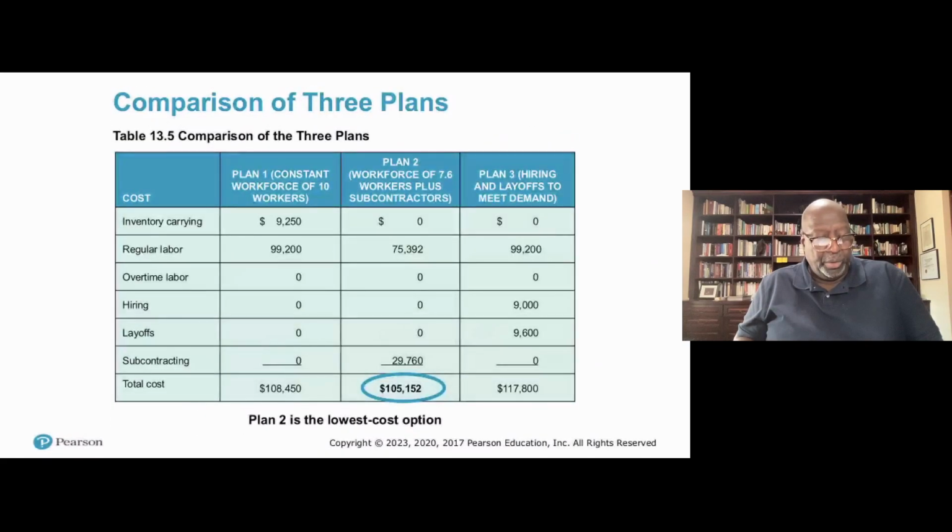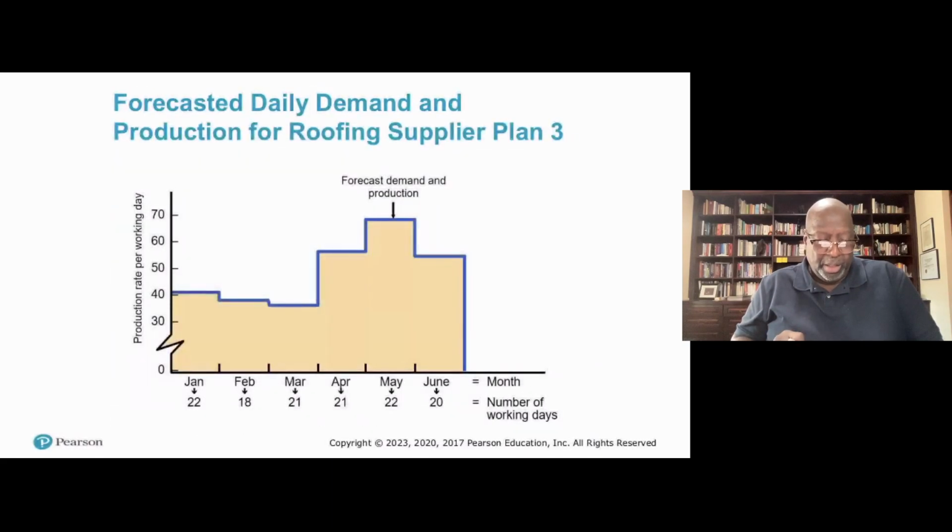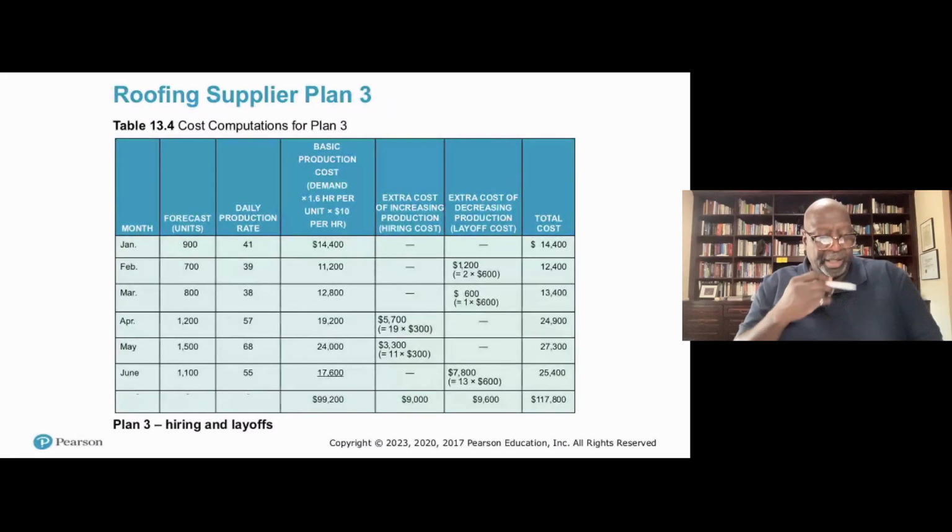We're not told. There should be a page that tells us, but let's just see what they're doing. I believe they're allowing for some hiring and firing to happen. So perhaps this is more of a chase strategy. Let's see. It doesn't say in this example here.